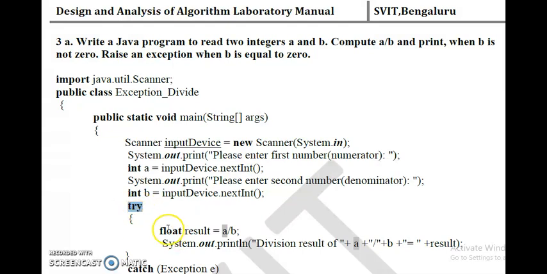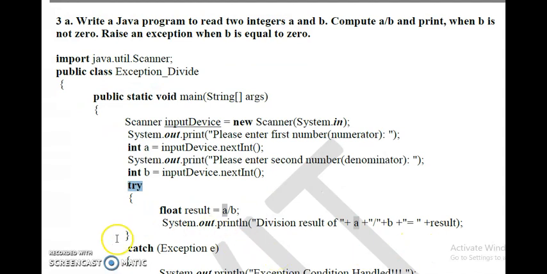Within the try block, I will write the computational statement, float result = a / b, which computes a and b and stores the quotient in the result variable. Once it is computed, we also print the result: System.out.println, division result of a by b is equal to the result value. End the try block. That's all about the code inside the try block.